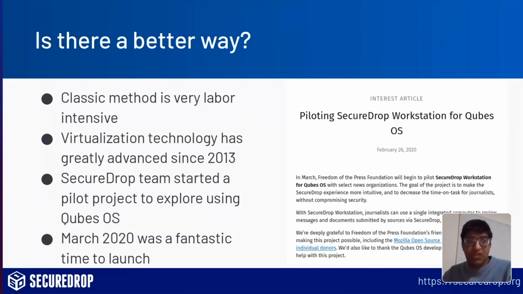So the SecureDrop team started a pilot project to explore using QubesOS for this purpose. And as you can see on the right, we published a blog post saying that we were starting a pilot project right at the end of February 2020. And as I'm sure everyone knows, March 2020 was a fantastic time to launch a brand new project. No one was occupied with absolutely anything else in the world.